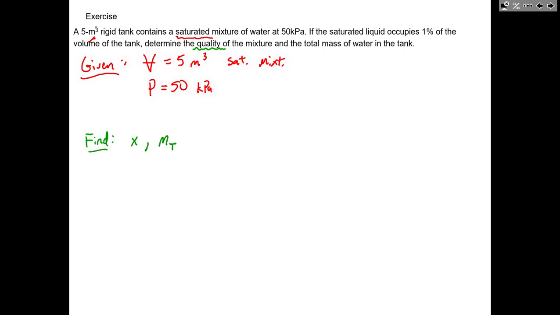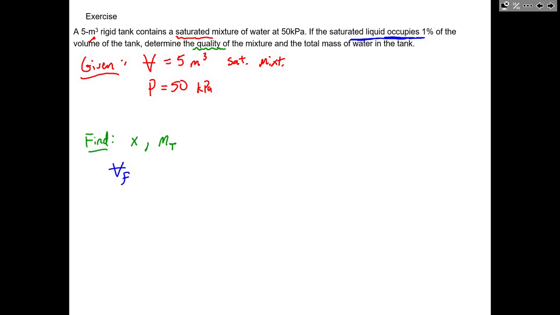So our first step is to see what we have here. So we've got this, and let me use my F for fluid or liquid. So it says, okay, we've got this liquid occupies 1%.